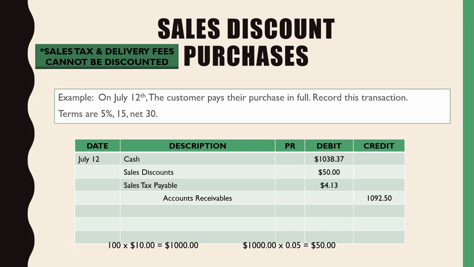It is a contra account to the actual sales because you've already established a price point for your item, your selling price, which includes the cost of the item and a profit percentage, the amount of money that you want to incur. What a sales discount does is take away the profit percentage, but makes sure that you at least are getting something. So it is a contra account, right?